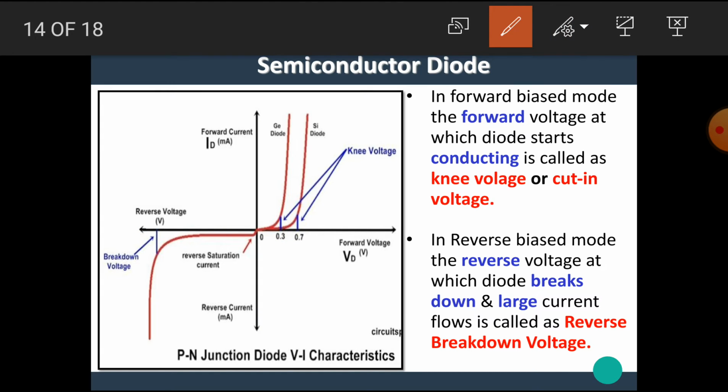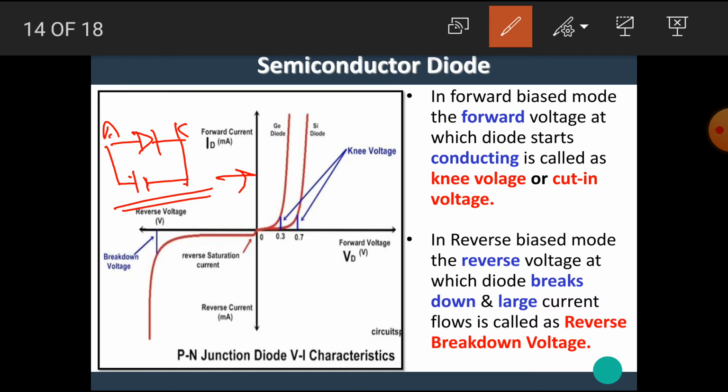In forward bias mode, when the positive terminal of the battery is connected with the anode of the diode and the negative terminal of the battery is connected with the cathode of the diode, such an arrangement is called the forward bias mode.